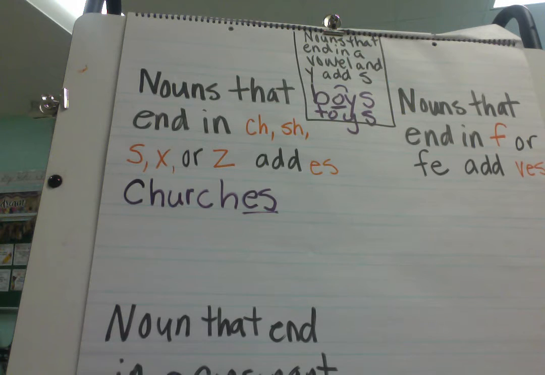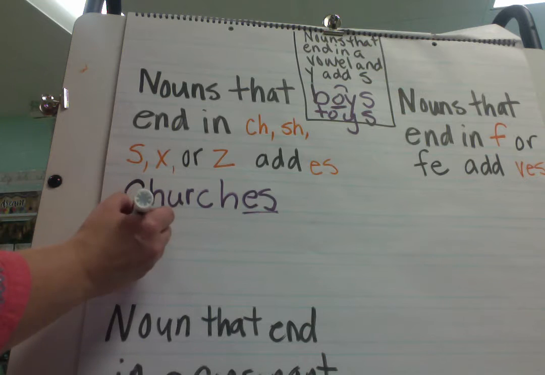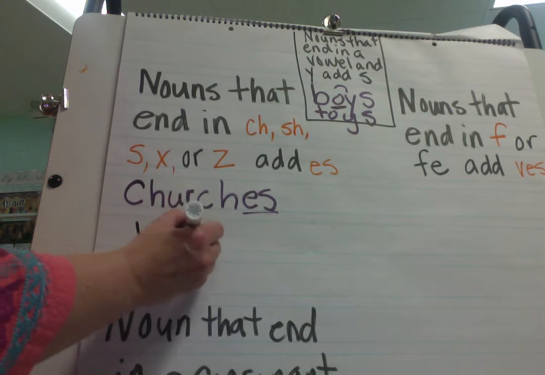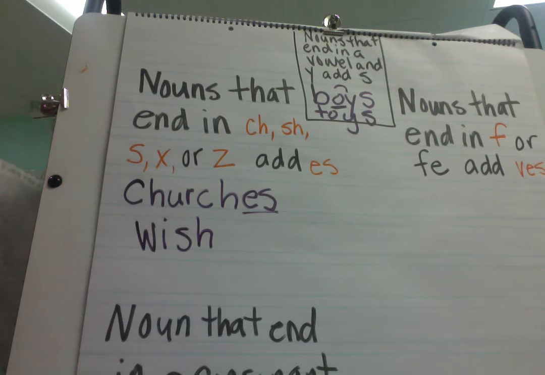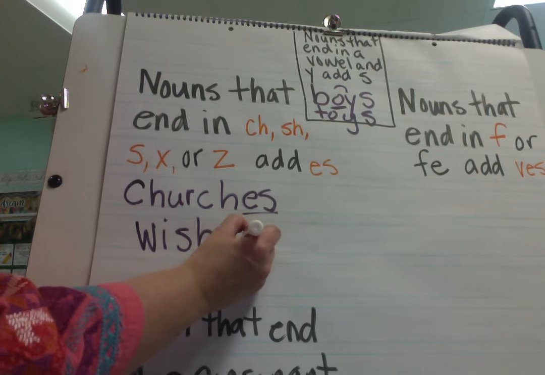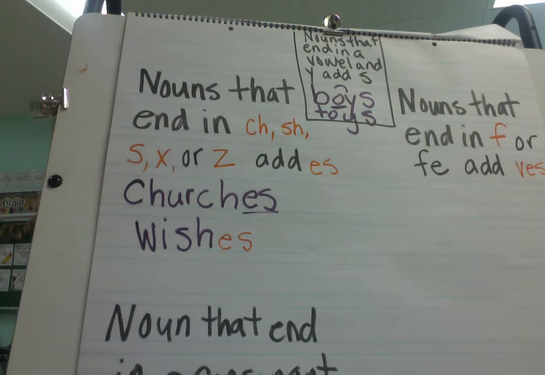And can you think of a word that ends in an SH? Go ahead and write that word down. All right, earlier we said the word wish. Since it ends in an SH, I'm going to put an ES right there. Okay, can you think of any other words?